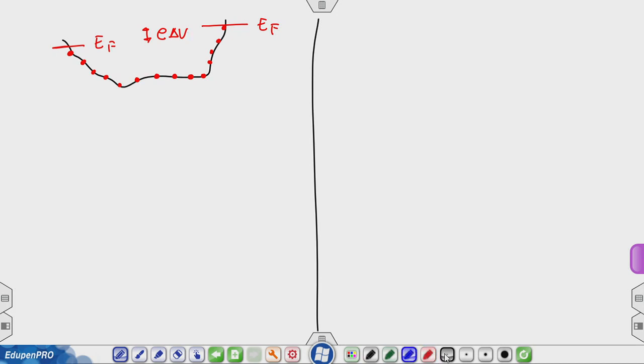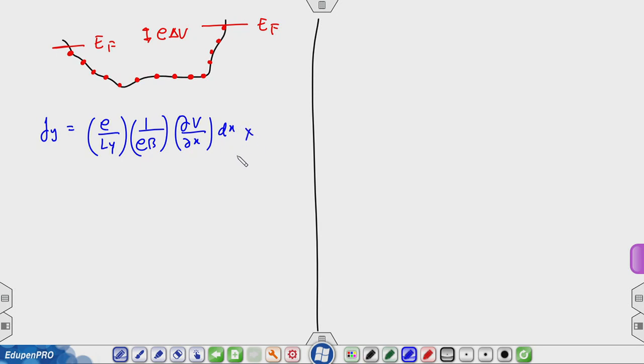Then I get Jy equals e by Ly times 1 over Eb dV by dx times the density, which is Eb over h cross times Ly over 2 pi.